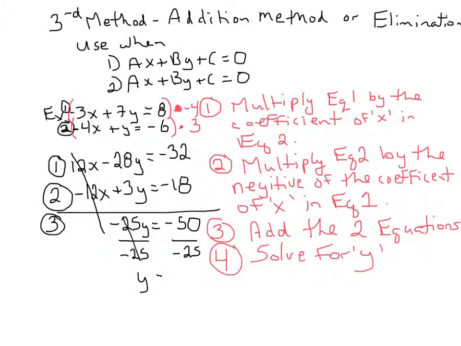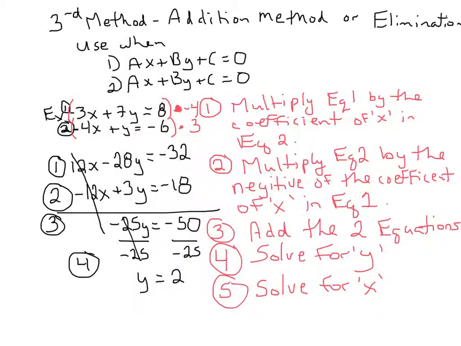Left with y equals 2. And so that is step 4. And in this case, the 5th step, again, if you do 1 and 2 exactly like I said, you've got to solve for x. That's what you're left to do.